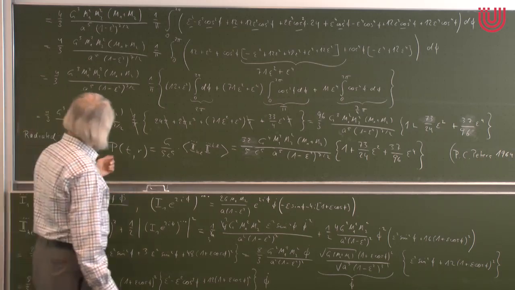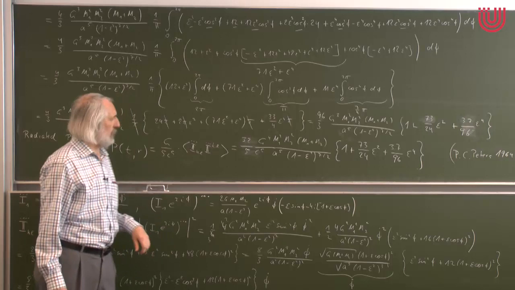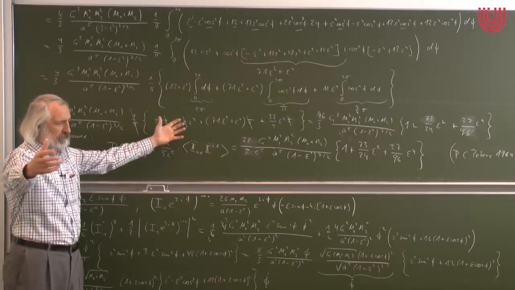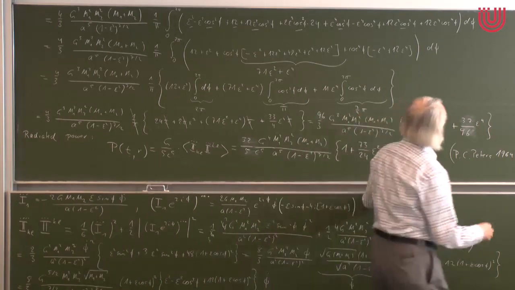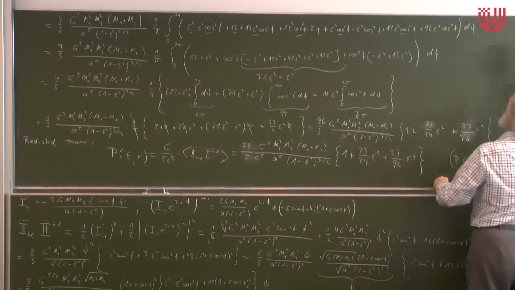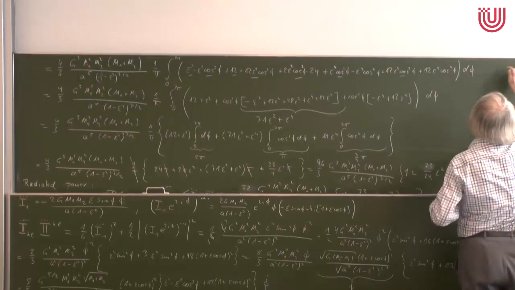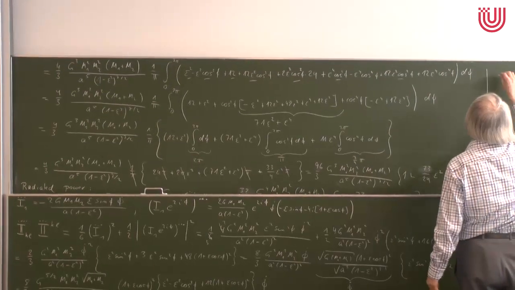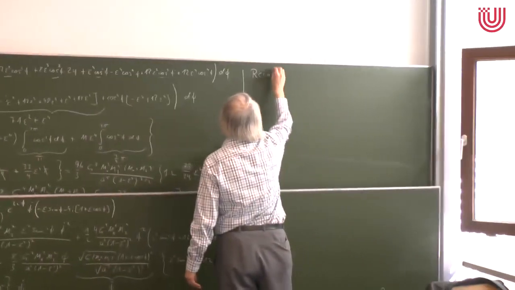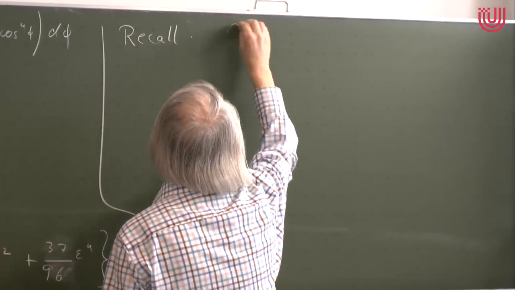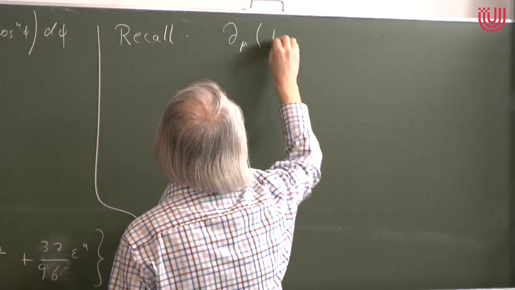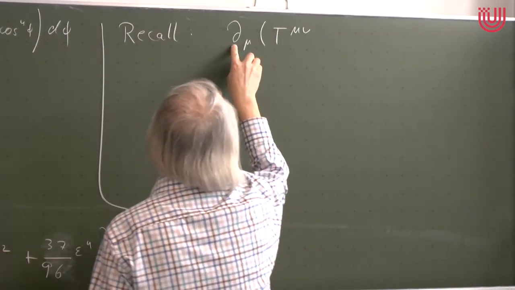Now the question is, where is this radiation coming from? If energy is radiated away, then it must come from somewhere. Recall, we have a conservation law. You have proven this in one of the tutorials. In the formalism we are using here, which is an approximative formalism, we have this conservation law with a partial derivative.